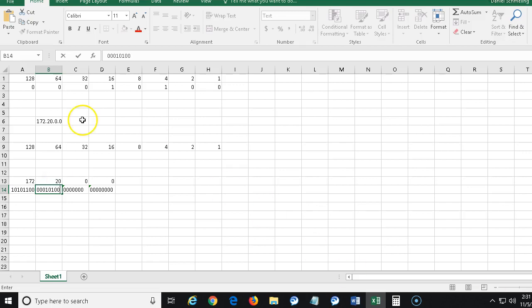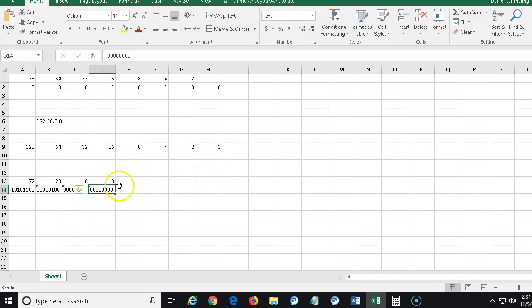There's 16, and we're at 16 now, so we can't add 8, but we add 4 to get 20. We're annotating our IPv4 address in binary. The last two numbers are 0, so they're all zeros. To write out our IP address in binary form, we have 172 annotated by this, 20 annotated by this, 0 annotated by that, and 0 annotated by that.